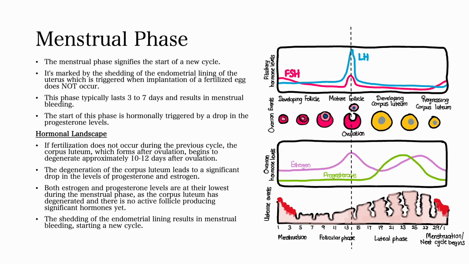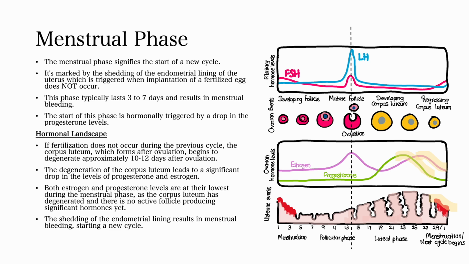Let's consider the hormonal landscape of the menstrual phase. If fertilization does not occur during the previous cycle, the corpus luteum, which forms after ovulation, begins to degenerate approximately 10 to 12 days after ovulation. The degeneration of the corpus luteum leads to a significant drop in the levels of progesterone and estrogen.